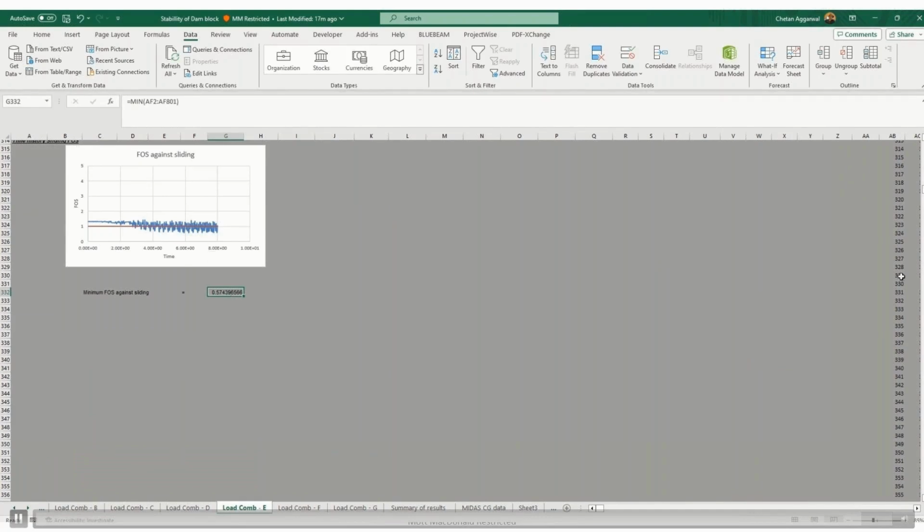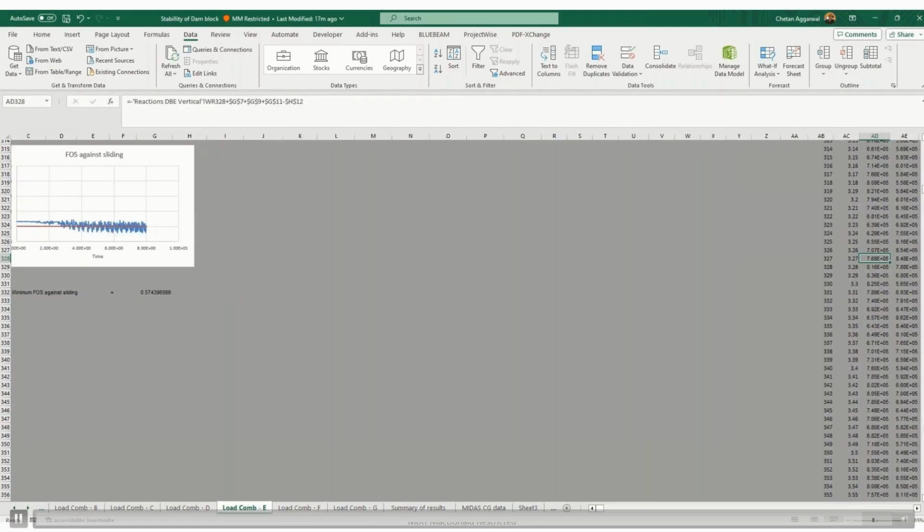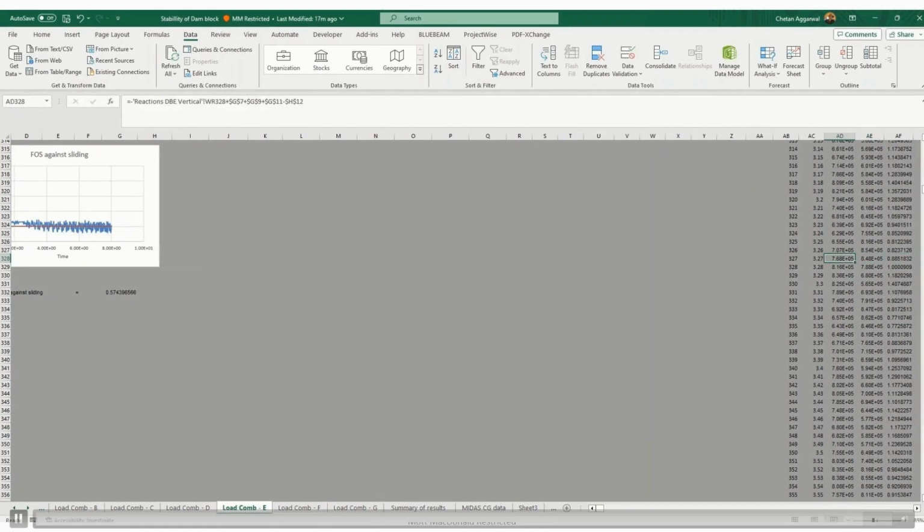So maybe either this time history data does not correspond to that alpha H value of 0.12, I mean the seismic coefficient of 0.12, or if so, then about 50% of our time steps are giving less than 1 for factor of sliding. We should actually change this dam.